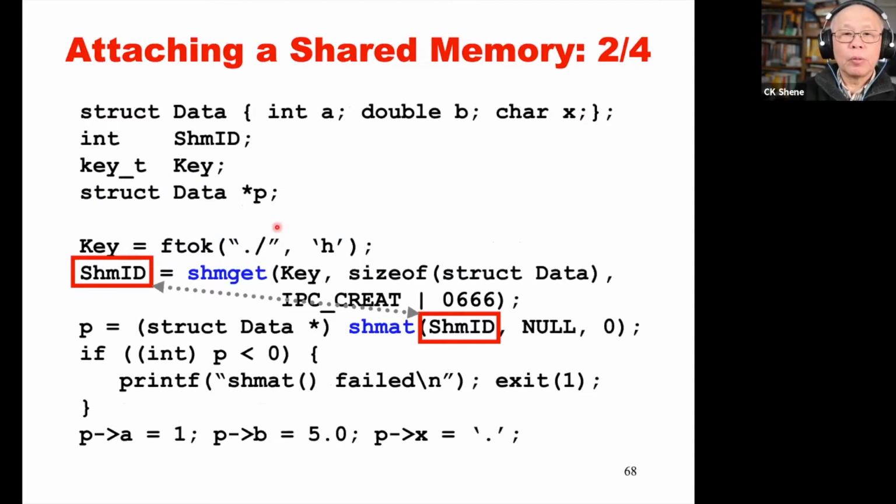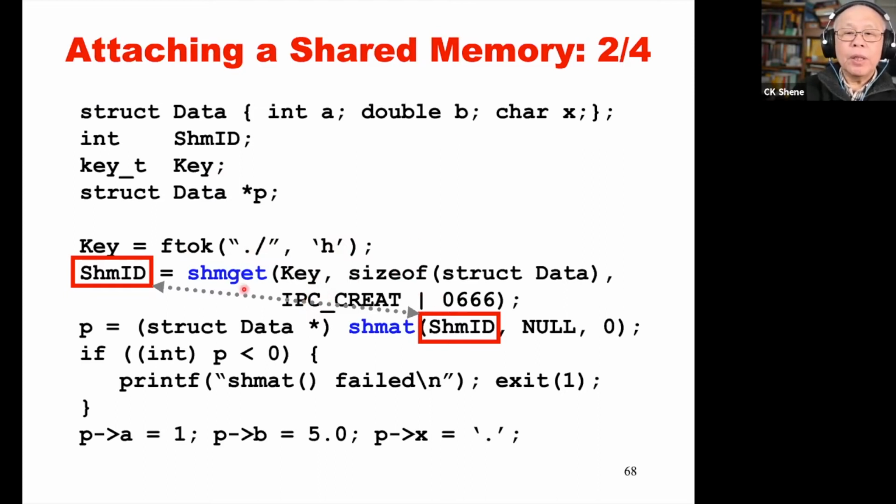Here's an example. I still use this data structure and the shared memory ID key, then I need a pointer to the shared memory segment, which will be used to contain this data structure. So again, I use the current directory with a small integer. ftok returns a key value. Then I use this key, the size of this data structure, followed by creation.